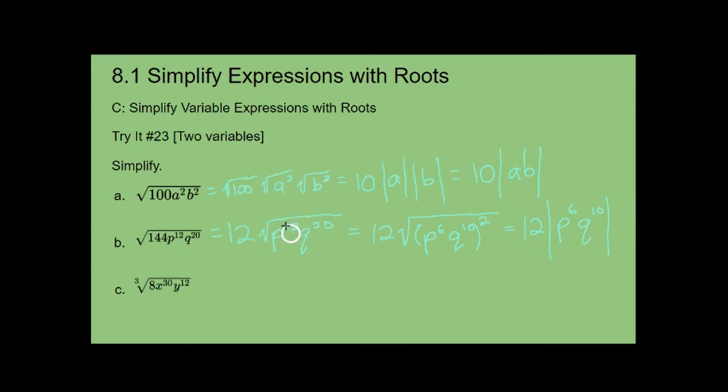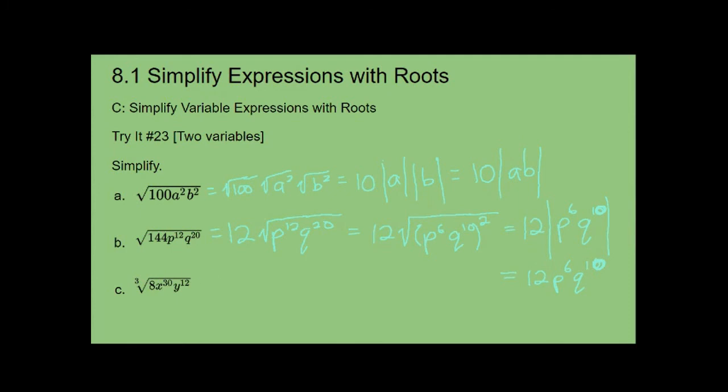You can do it this way. Do whichever way is best for you. Okay, now I'm looking at these. I see both of these have even exponents, so any negatives are going to disappear, so I don't actually need those absolute value bars. 12 p to the 6 q to the 10. That's a 10, not a 16, by the way. It's a 10. Okay, and then this last one is a cube root.